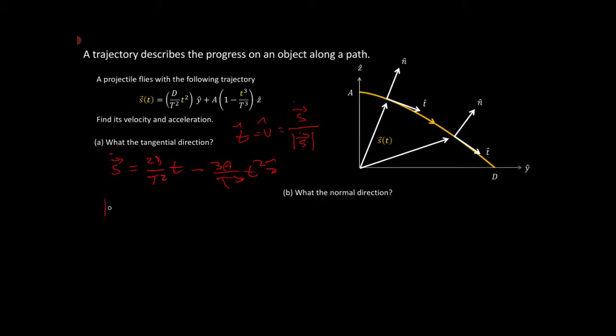The magnitude of S dot is the square root of 2d over t squared t minus, or plus, 9a squared over t to the sixth t squared.